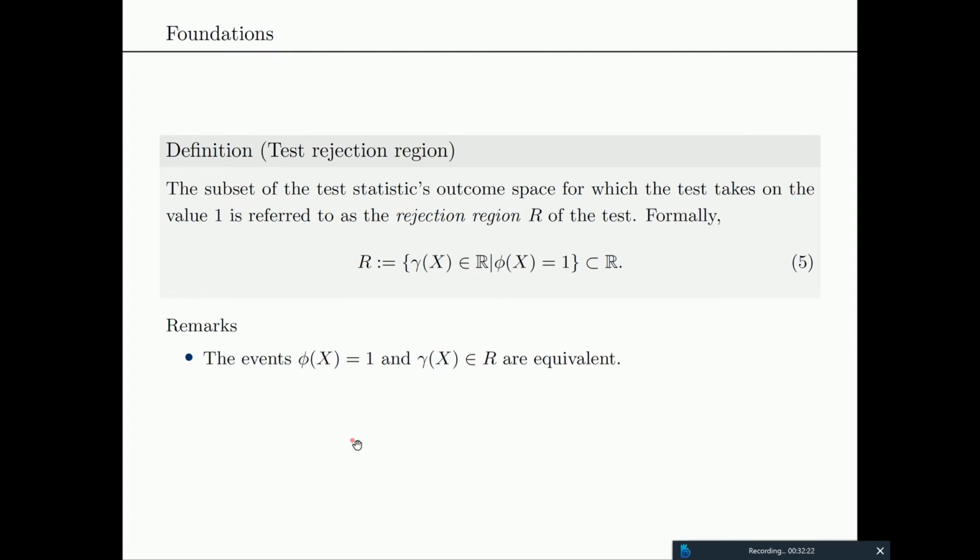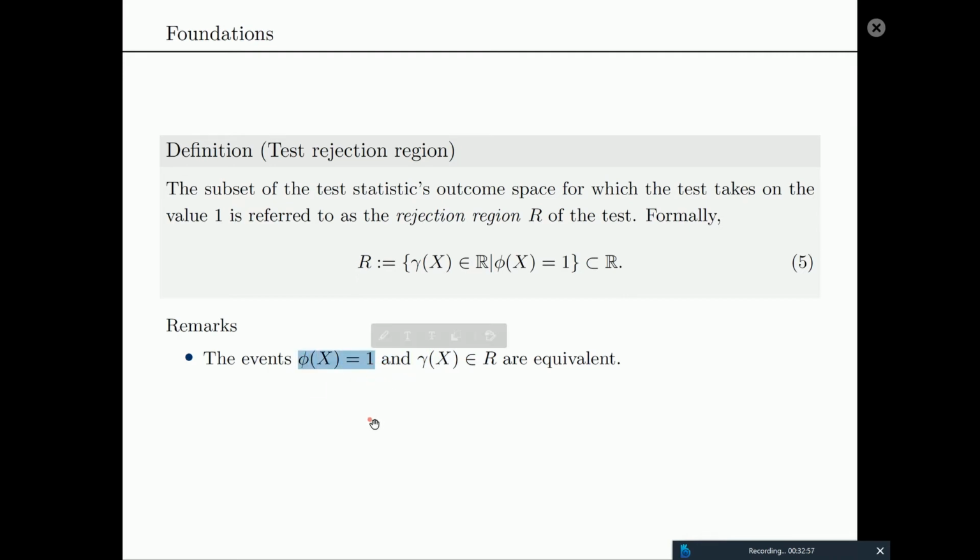This is important if you study, for example, the probability to reject the null hypothesis. If you study the event that you reject the null hypothesis, this is the same as the probability for the test statistic to be in the rejection region. So by thinking about, for example, how t-values are distributed, which of course you know, because they're distributed according to t-distributions under the null hypothesis, you can make statements about the probabilities of the tests.